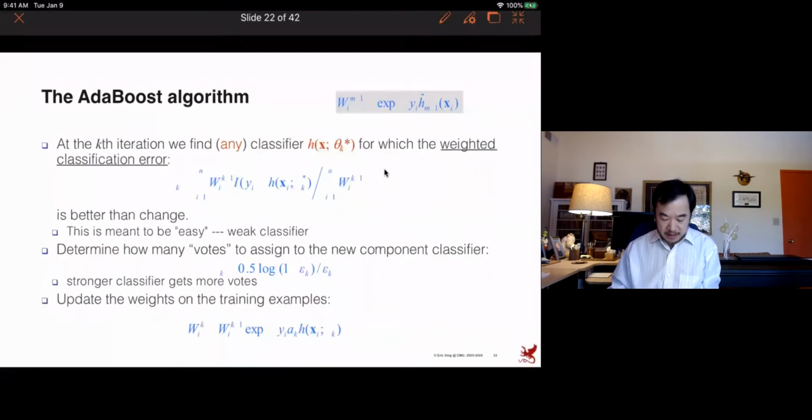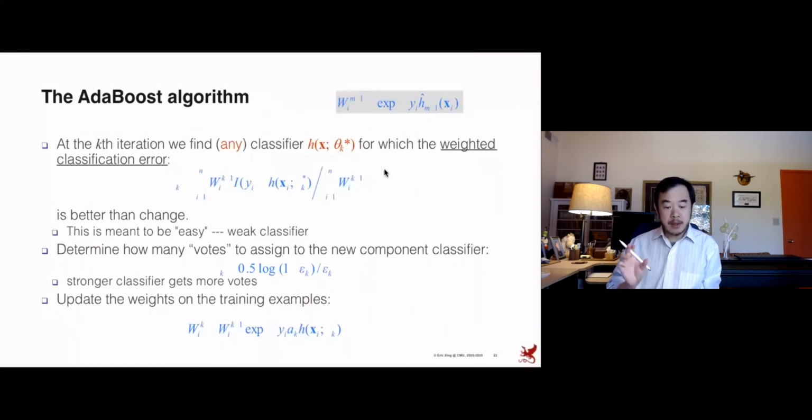Okay, so now I summarize. There are three key quantities in this AdaBoost algorithm. One is the sigma k, the total error in the kth iteration.